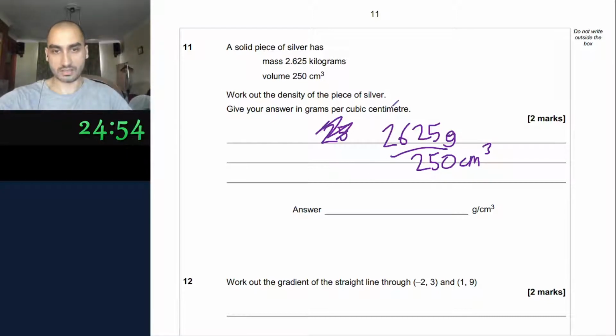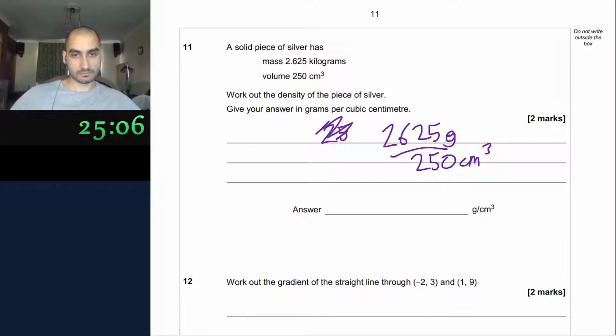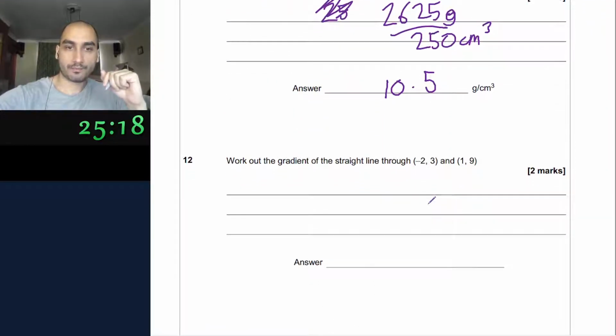That's just the density, isn't it? 2,625 divided by 250. All right, 10.5. Okay.